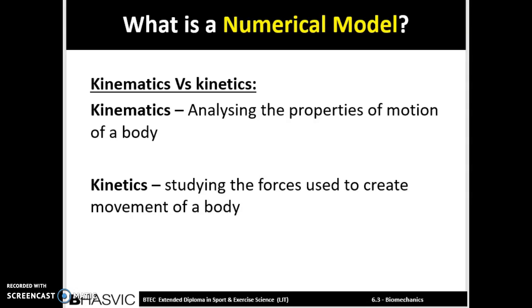So a body is just an object. This differs to kinetics, as kinetics is studying the forces used to create movement of a body. Kinetics is specifically looking at the resultant forces that cause motion, and this includes Newton's laws of motion, which we'll look at later on.